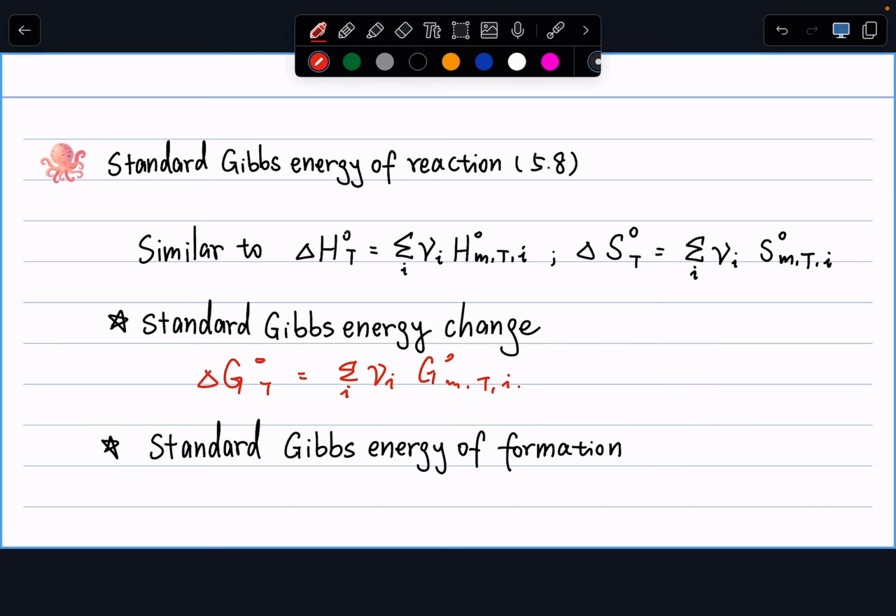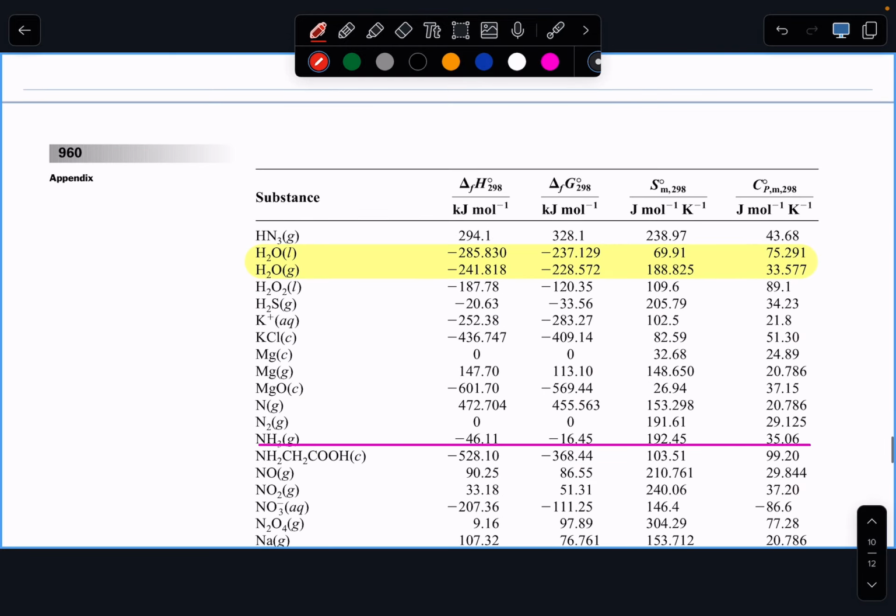And in our table, we want to know where this comes from.